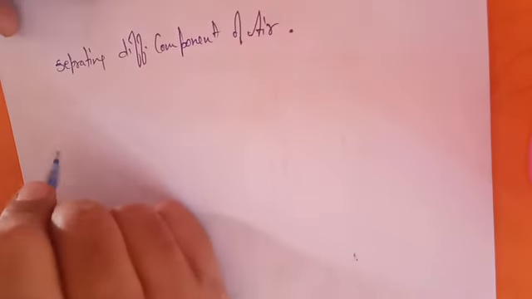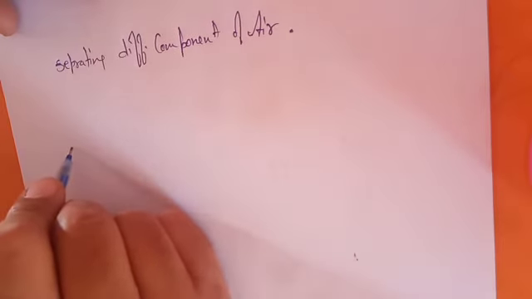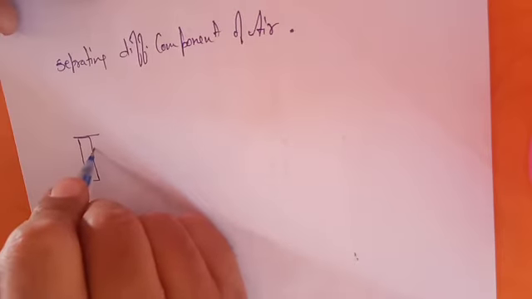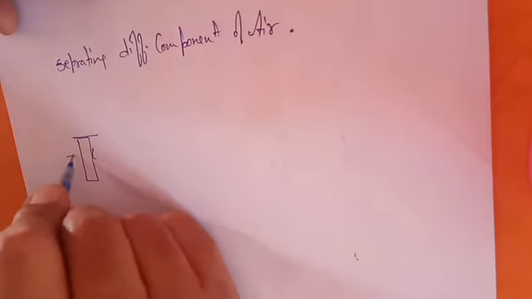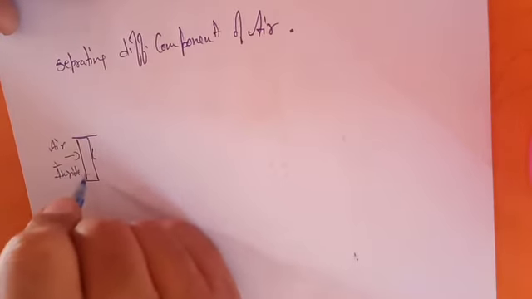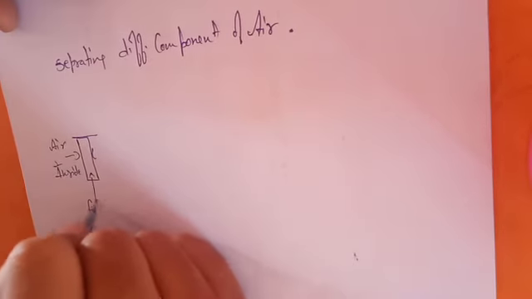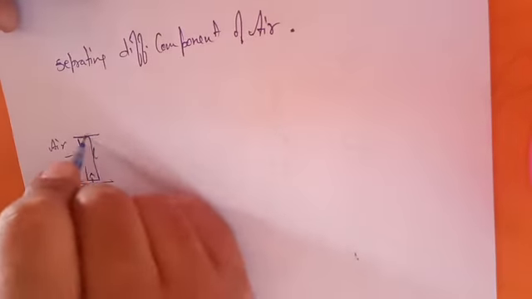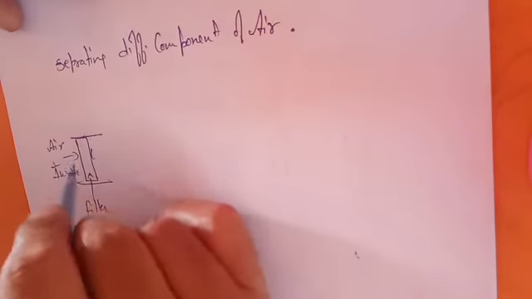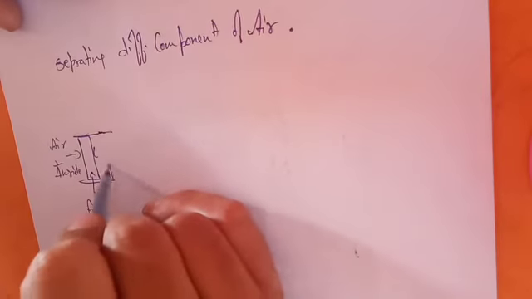First, we apply filters here, and there is a fan sucking air inside. This is your filter, because air has some smoke and dust particles which get separated, and you get clean air from here.